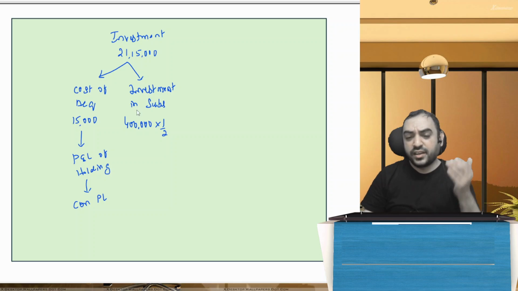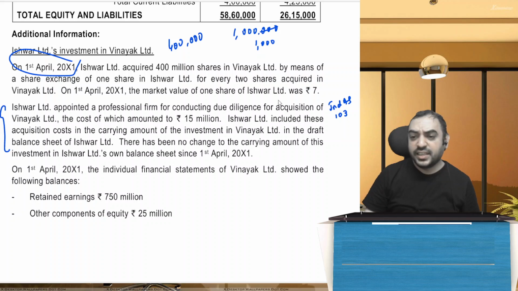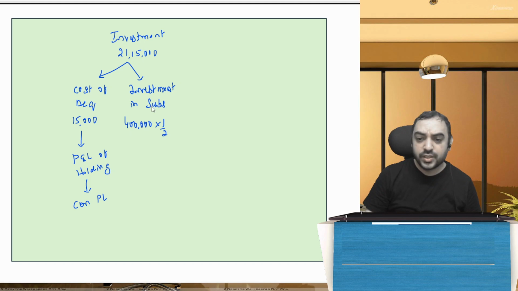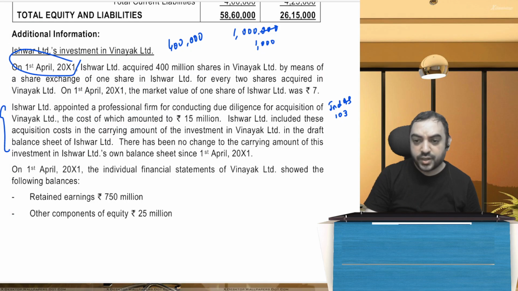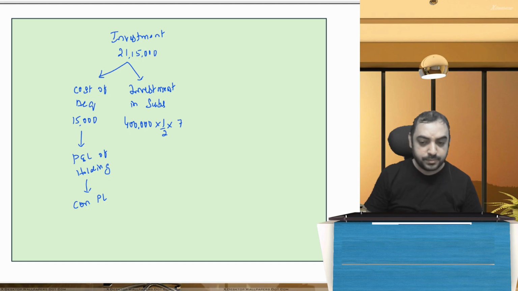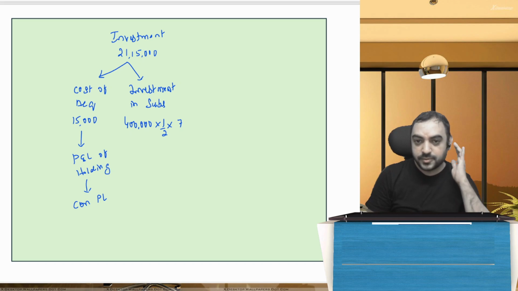That means they have acquired 200,000 shares and each share is valued at 7 rupees, so multiplied by 7. That's all right, 400 into 1 by 2 into 7. Yes, let me calculate. What do you get?